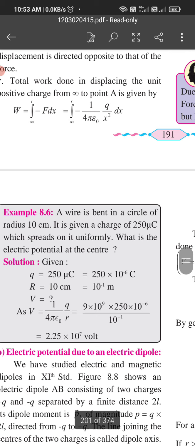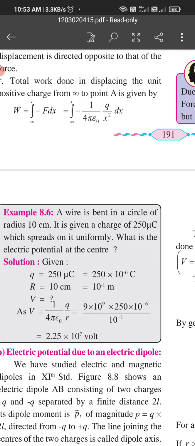One more example. A wire is bent in a circle of radius 10 centimeter. It is given a charge of 250 microcoulomb, which spreads on it uniformly. What is the electric potential at the center?